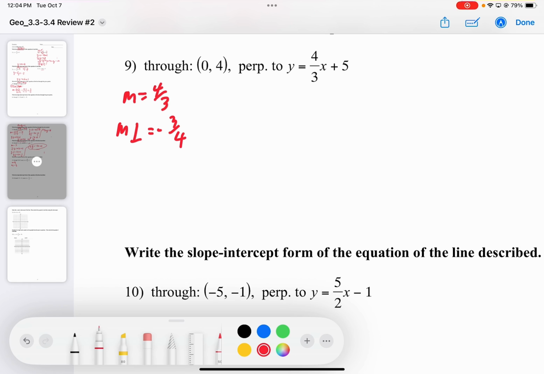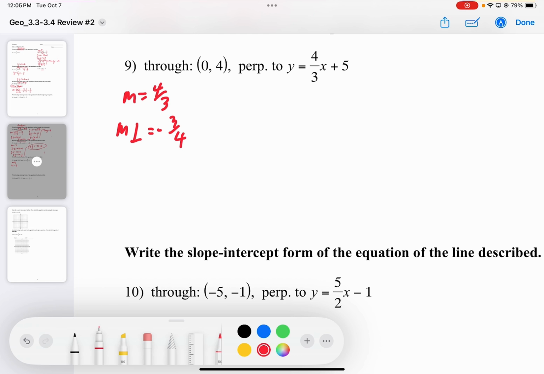Okay, all right, let's see what we got up here. So now your next step. Did you already finish it? Okay, all right, let's go over it right now then. Let's sit with my boy Bryce. Okay, so we got our slope, which is -3/4.